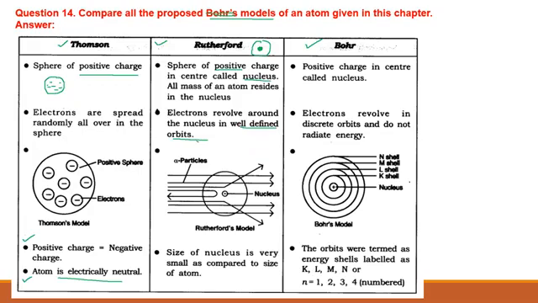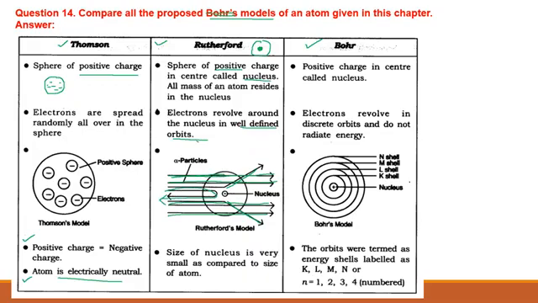Rutherford bombarded alpha particles on a thin sheet of gold, and that is why you are able to see here, when these alpha particles are going through the thin sheet of gold, he found that many alpha particles were just going straight, a few were deviated a little bit, and very few were completely deviated, almost at 180 degrees.